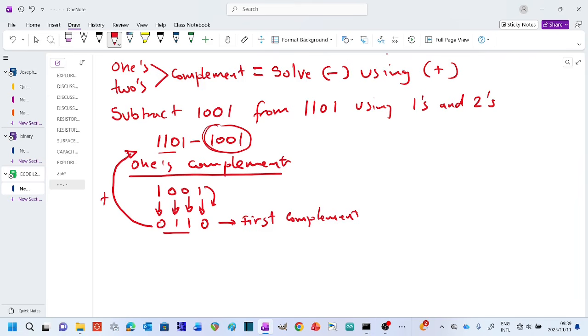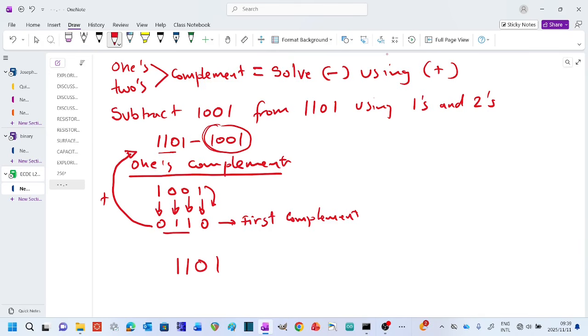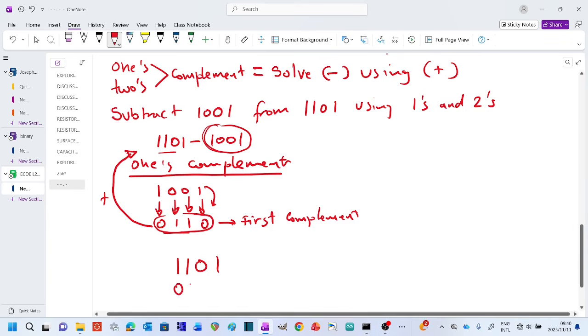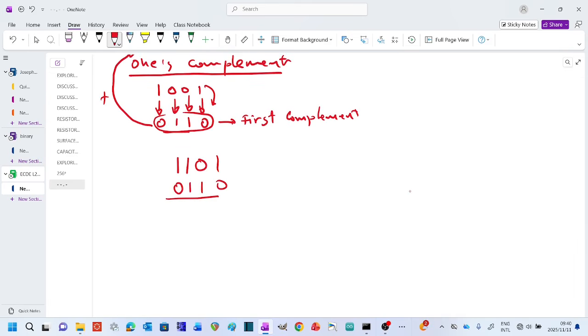So you take 1101 plus, instead of minus, the complement we obtained: 0110.